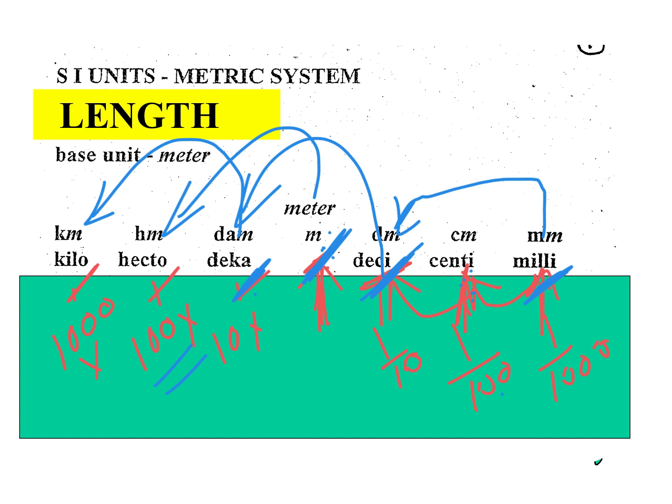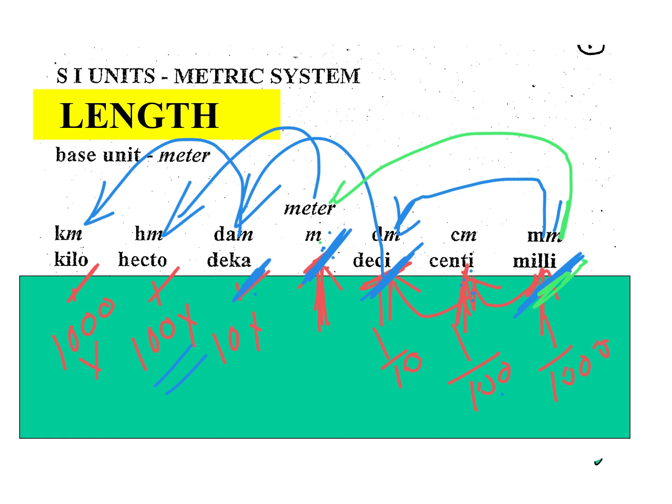If I take the millimeter unit, which is the smallest one, okay, and I skip 2 places, well, 10 times 10 times 10 is 1,000. So there's 1,000 millimeters in a meter.